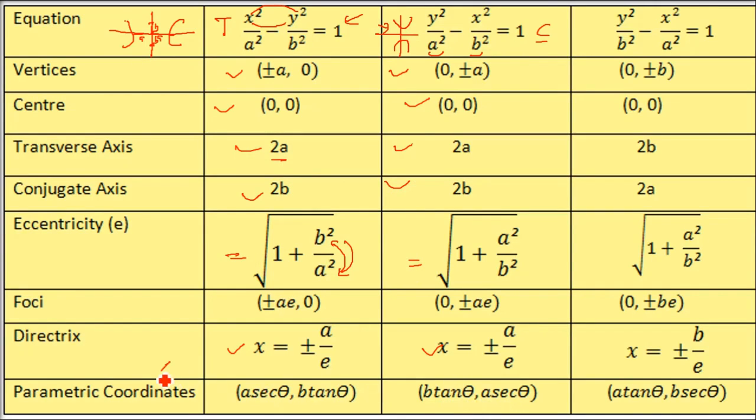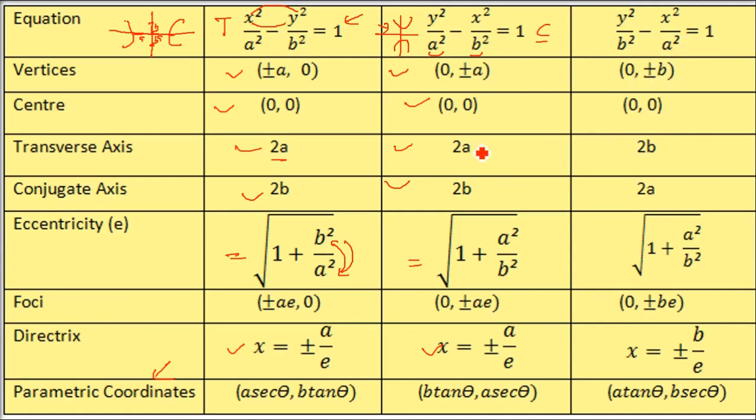They both are similar. There is a parametric coordinate also: a sec theta, b tan theta for the first one, and for the second one we have b tan theta minus a sec theta. Now let me tell you about this fourth column. In some books, what they have done is y square by b square minus x square by a square, right?